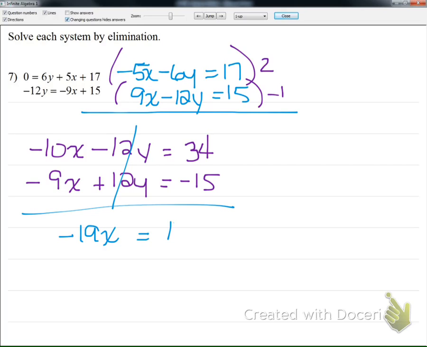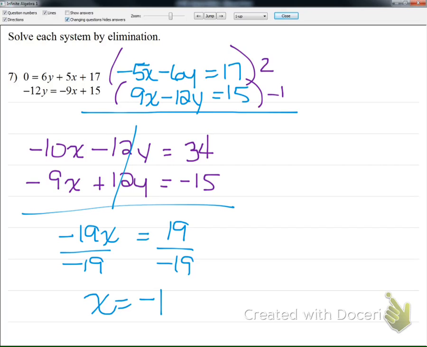That would be 19. Okay, now I'm back on track here. Divide both sides by -19. So x is equal to a positive over a negative, which is a negative. 19 over 19 is 1. So x is equal to 1.